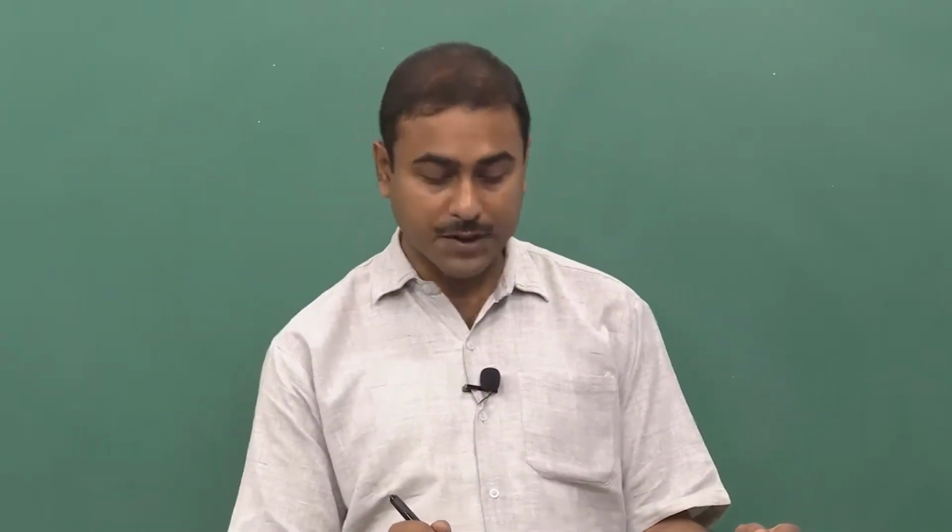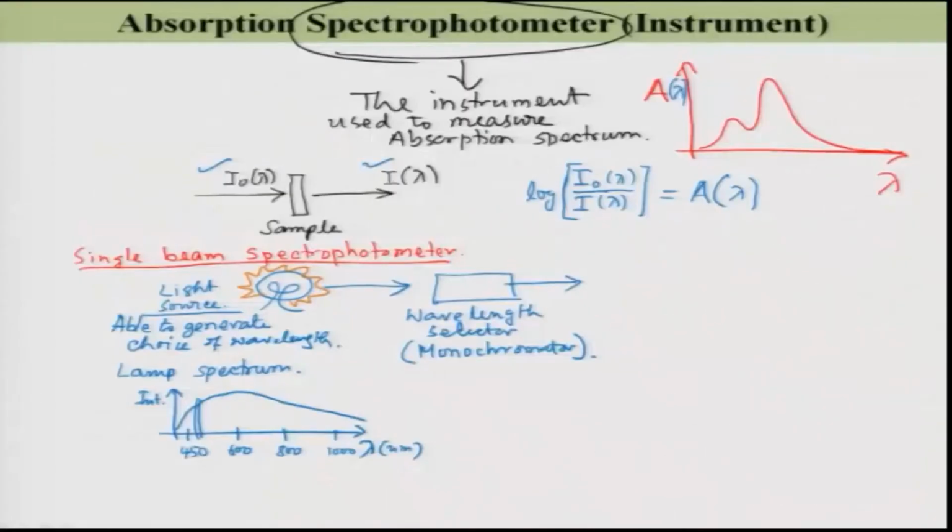And now, obviously, you do not want all the light to come and interact with the sample, because you want the wavelength dependence of the attenuation of the incident light I0 to I. So, you use a device called the monochromator, which is nothing but the wavelength selector. Just as you have seen in high school, a prism can divide white light into its spectrum, this device is simple like that.